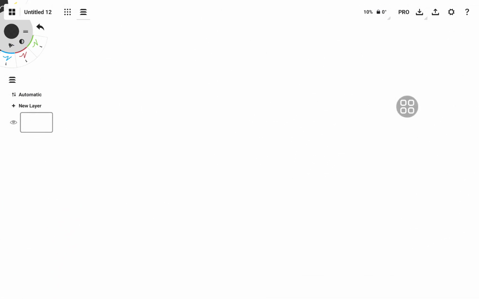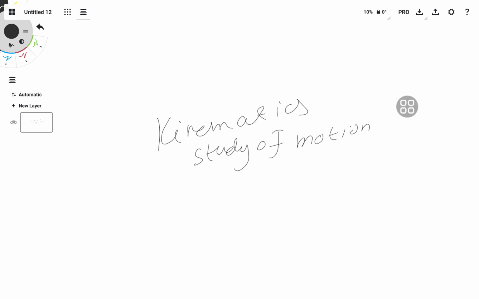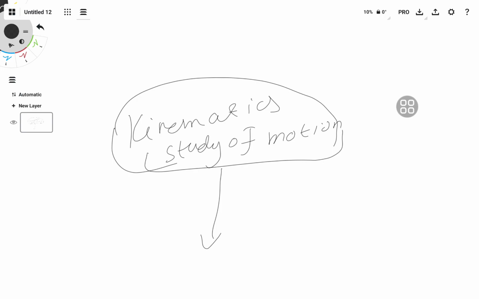We will next move on to kinematics, which is of course related here by time and distance and displacement. Kinematics, the study of motion.